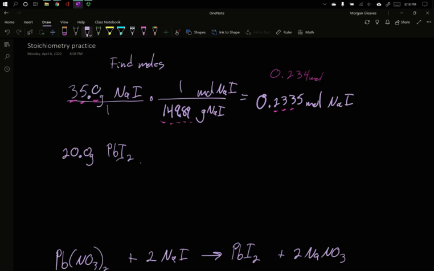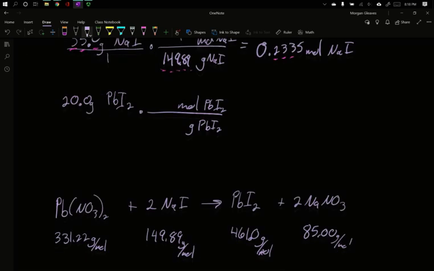Do the same for PbI2. Well, I need to get out of grams of lead iodide and into mole of lead 2 iodide. Molecular mass for that is 461.